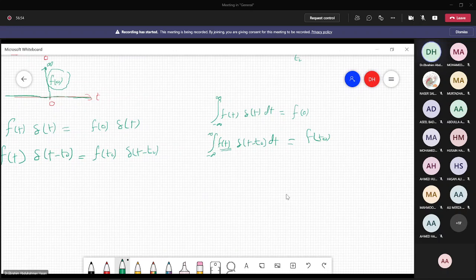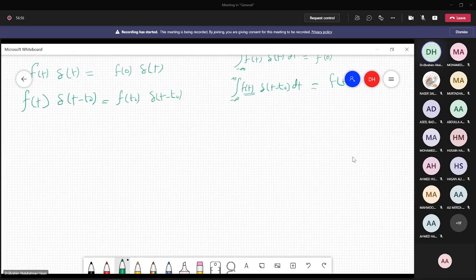Okay, now for example, suppose I want to evaluate this integration of t cubed plus 5t squared plus 10, times delta t plus 3, dt from minus infinity to infinity.